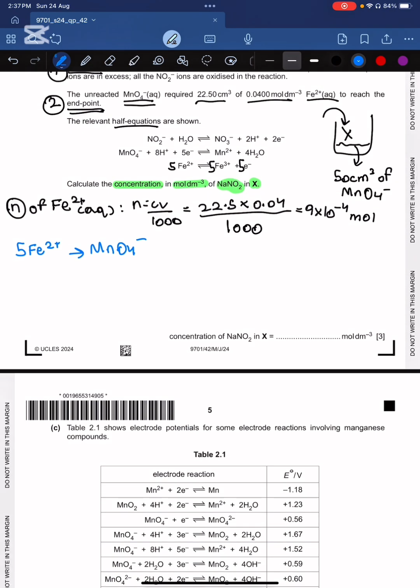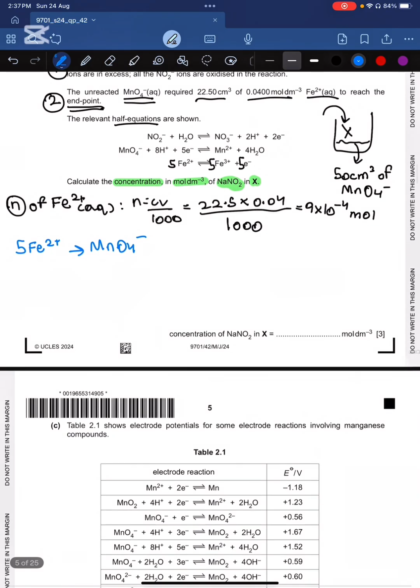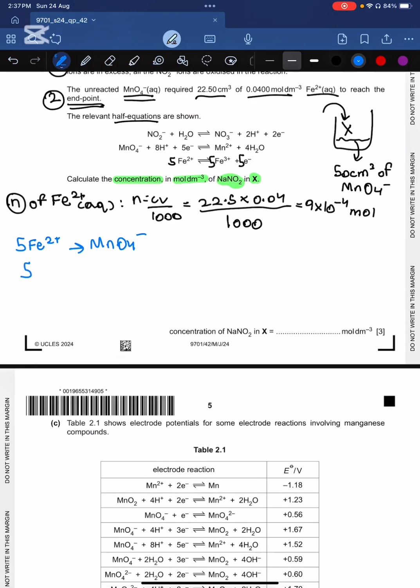Instead, in the real reaction, both of these are reacting. What's the ratio right now? 5 is to 1. Now let me write 9 into 10 to the power minus 4 here and x here. 5x, this is the butterfly method, is equal to 9 into 10 to the power minus 4. x becomes 9 into 10 to the power minus 4 divided by 5.